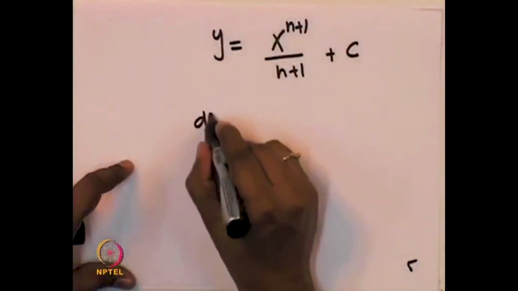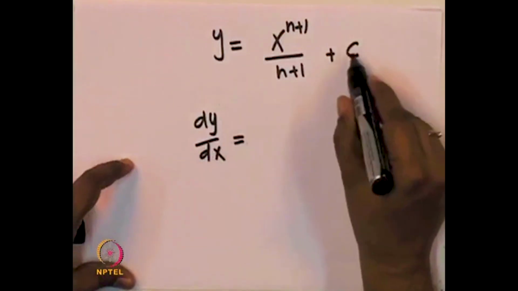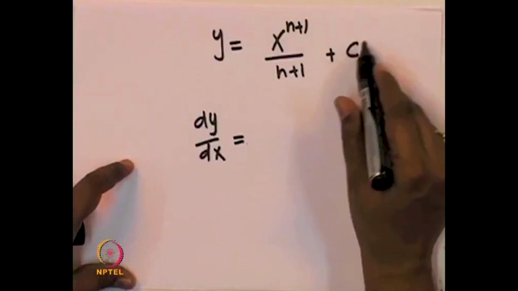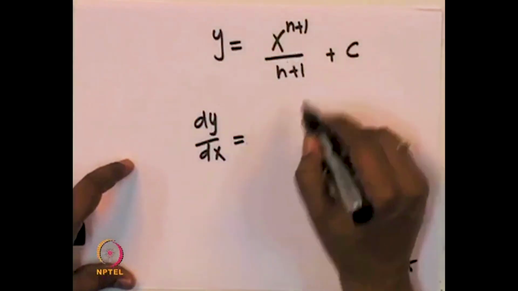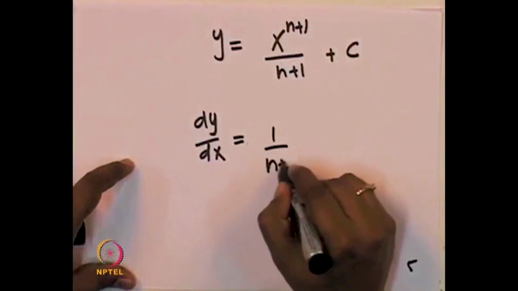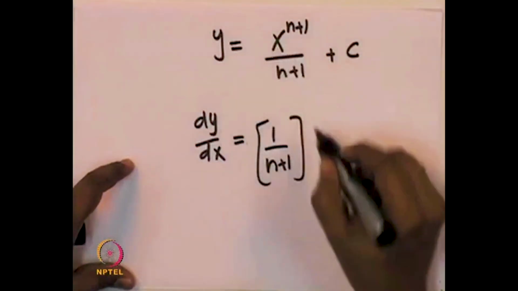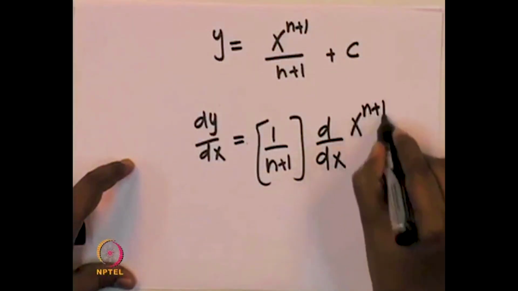What do we get if we find dy by dx? The derivative of a constant is 0, so that is irrelevant. The 1 over n plus 1 is a constant, so let us take it out. Now what you have is the derivative of x power n plus 1.